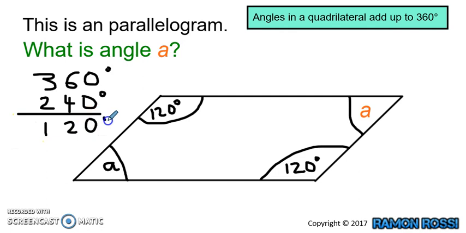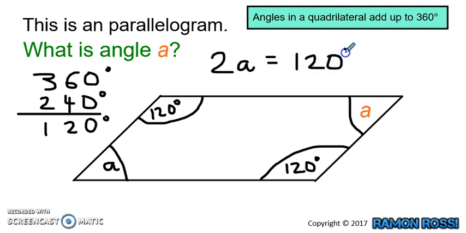So 120 degrees. So 120 degrees are these two angles put together. Angle A plus another angle A makes 120 degrees. So, let's just write that down, 2 angle A's, or 2A, equals 120 degrees.